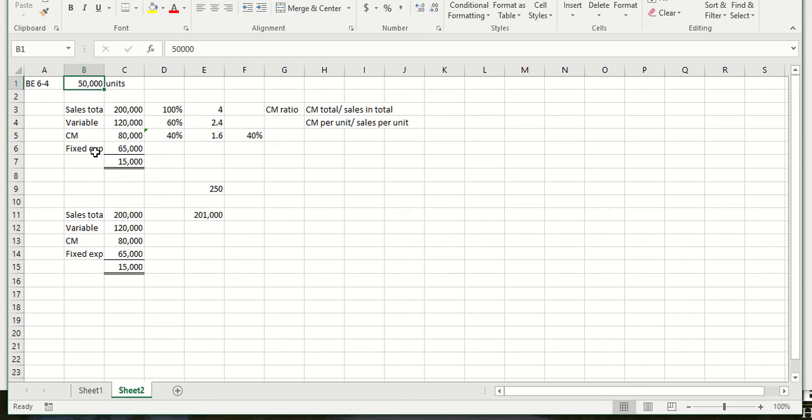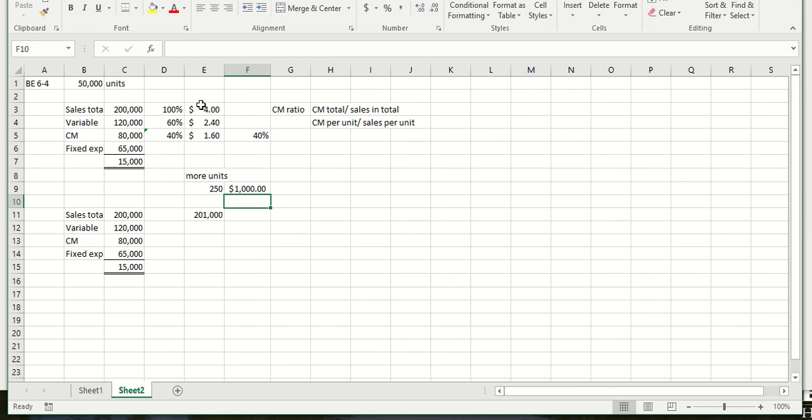From the original 50,000, if they're selling at $4 for every single unit, and it costs $2.40 for the variable expenses, they must be making 250 more units, right? Times $4. Yeah, so an extra $1,000 would get me 250 more units.